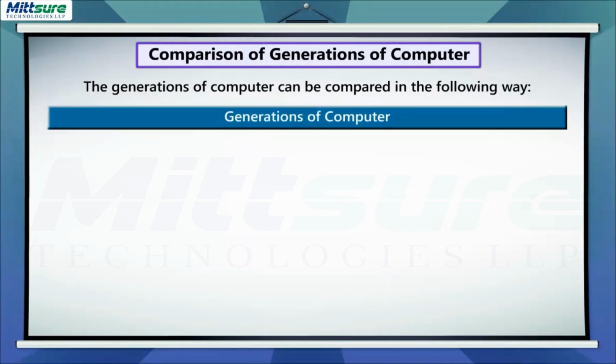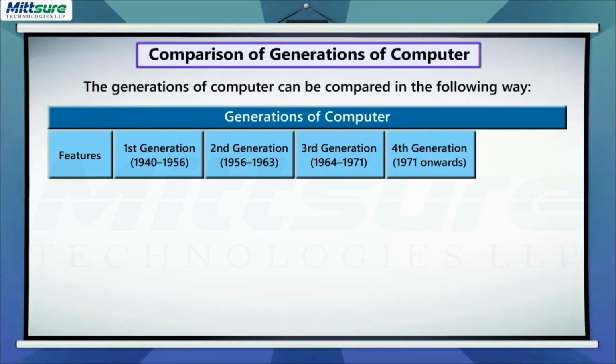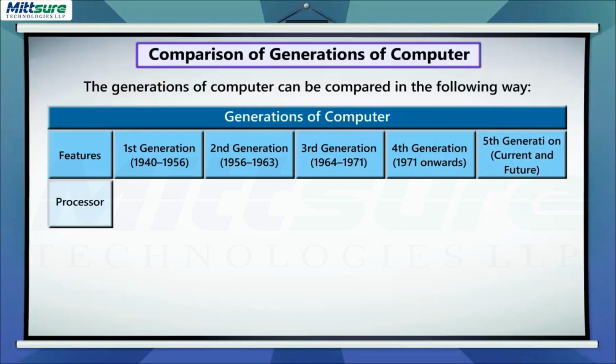Generations of computer. Features: first generation 1940 to 1956, second generation 1956 to 1963, third generation 1964 to 1971, fourth generation 1971 onwards, fifth generation, current and future.